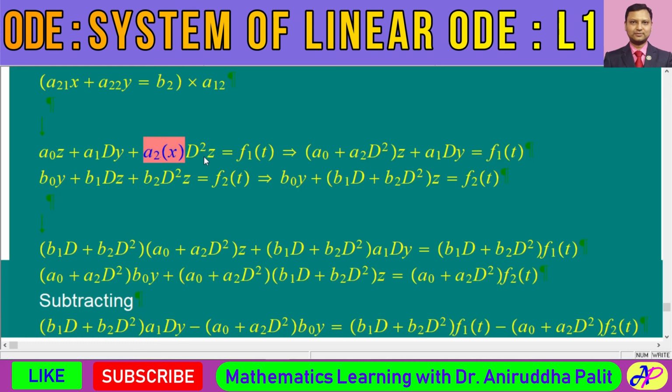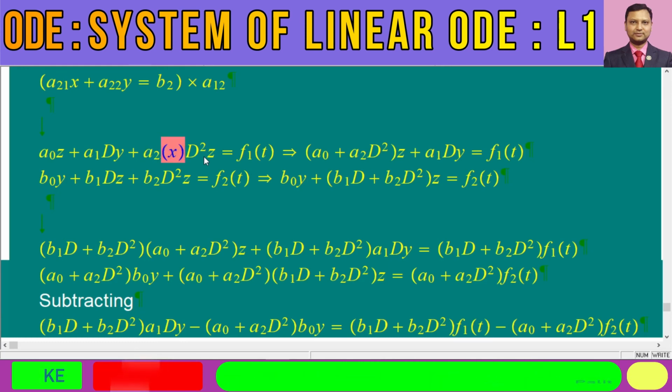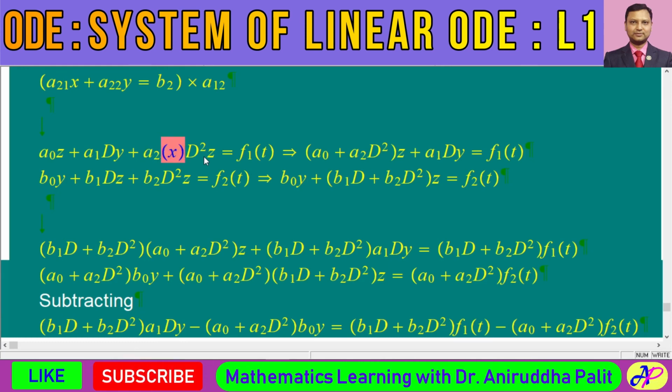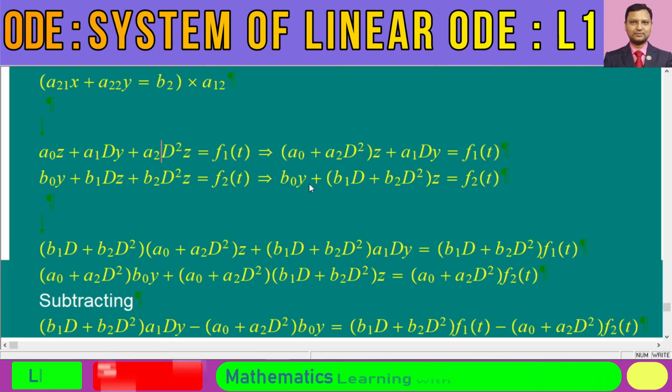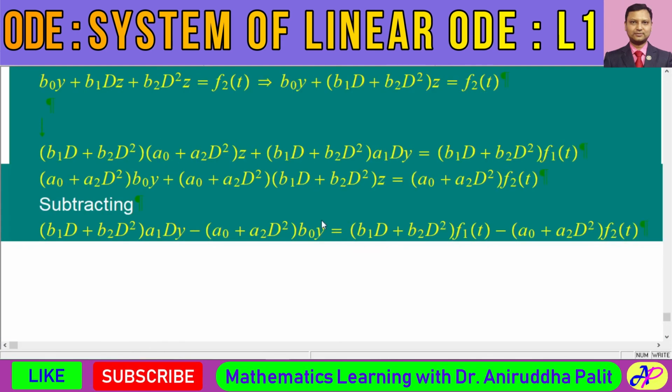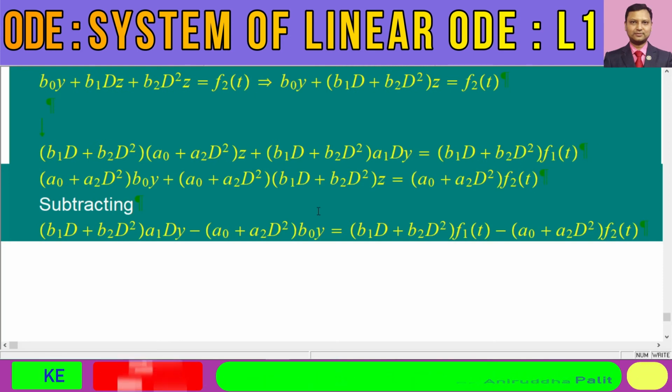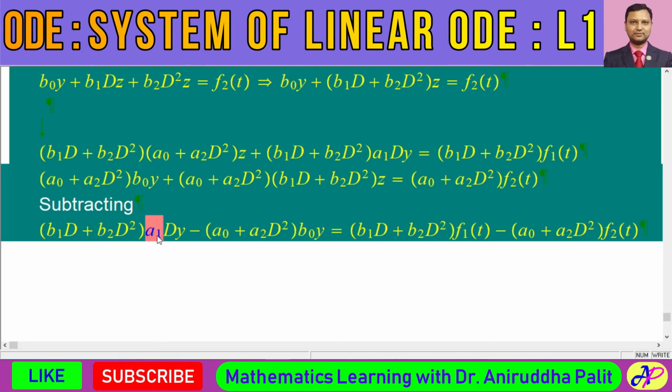But if A2, A0, A1 or B0, B1, B2 are not functions, if these are simply constants, then our computation becomes a little easy. I told you that our computation would be little easy whenever we deal only with this kind of constant coefficients.